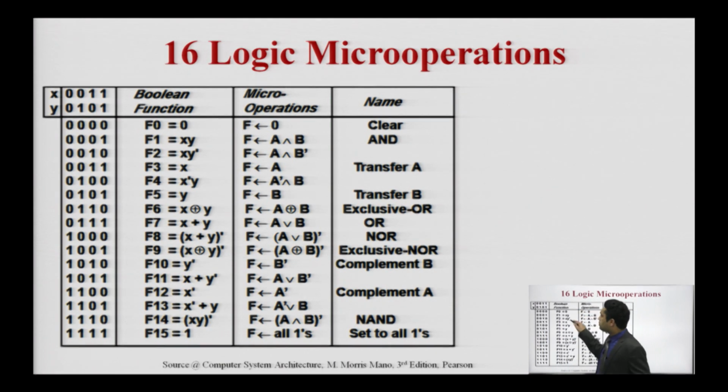In the nomenclature mentioned here, x and y are the inputs. We are taking the 2 numbers x and y. For this part we are using a 1 binary bit number x and a 1 binary bit number y, and we are using all 4 combinations. If I take 2 numbers of 1 bit, then 4 combinations are possible: 0 0, 0 1, 1 0 and 1 1.